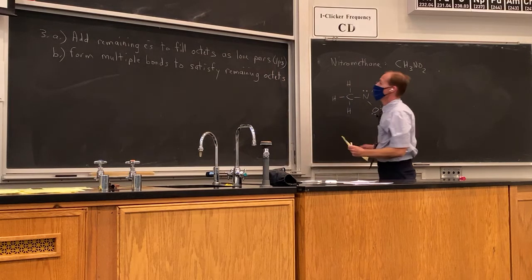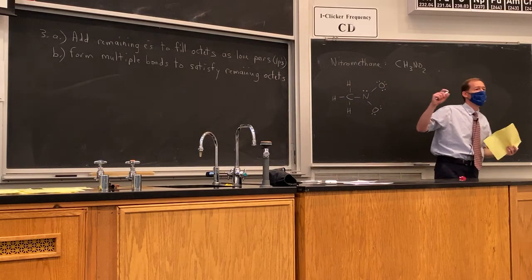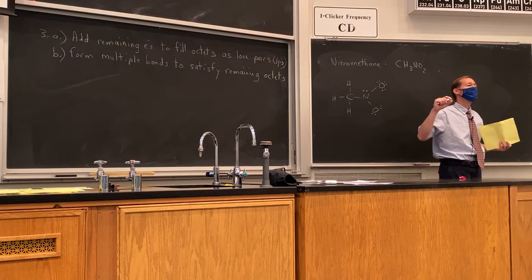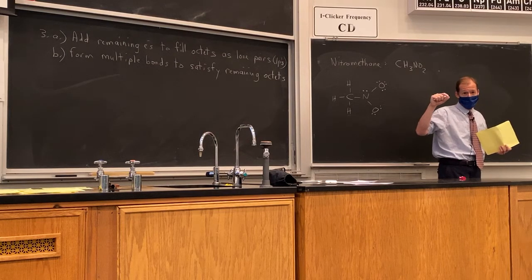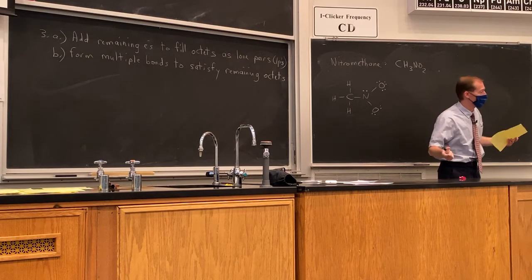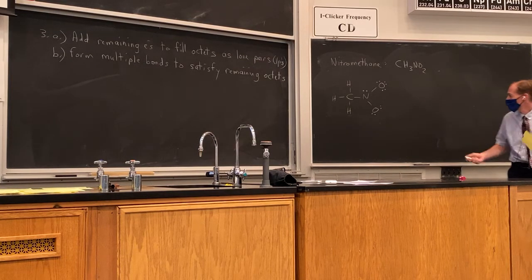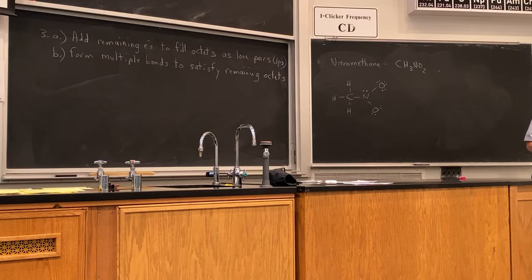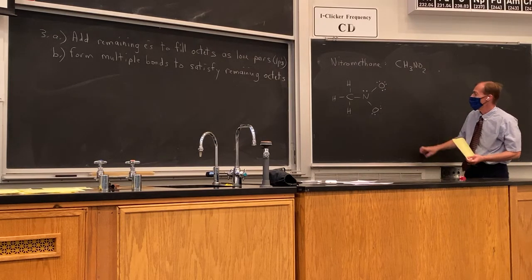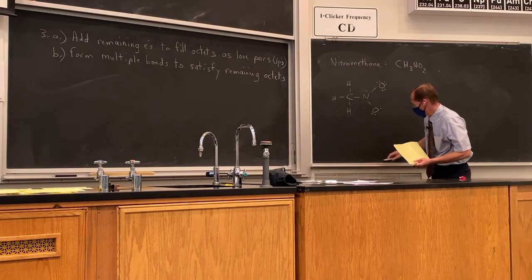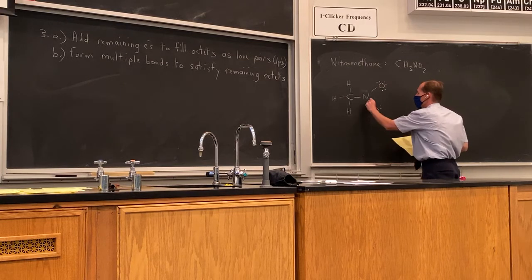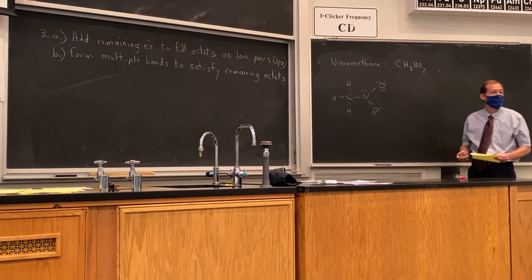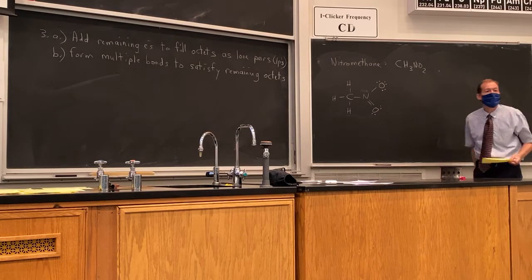Okay, so to do this, what we need is a lone pair on an atom that is bonded to the atom that has the unfilled octet. Do we have that in this case? Okay, we have a nitrogen that has a lone pair on it. And so we can convert that lone pair into a multiple bond, a pi bond, or a double bond in this case, to this oxygen.